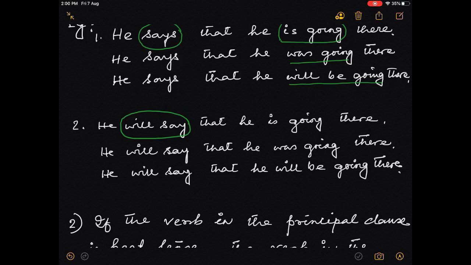No need of giving any special importance, special consideration, special construction, anything. See, he is going, he was going, he will be going. Though the verb in the principal clause here is future and here present, the verb in the subordinate clause in both the sentences has no change, remains the same.